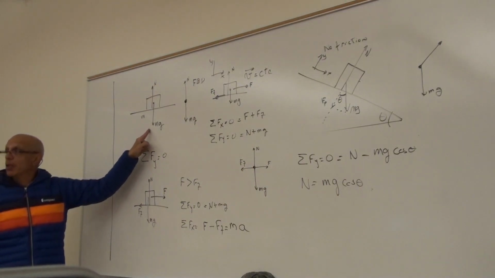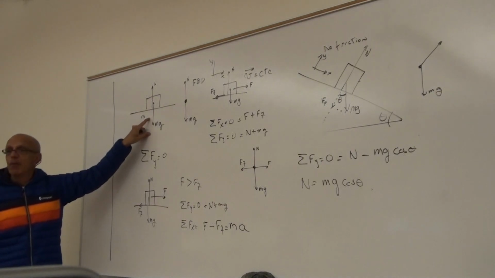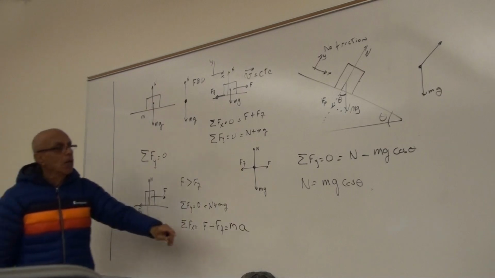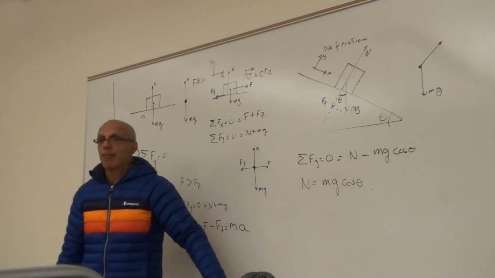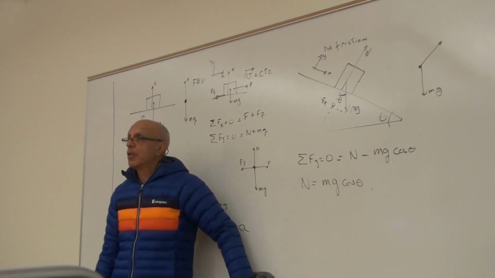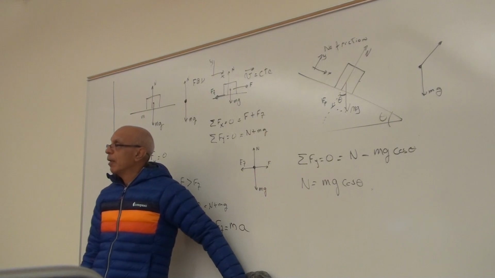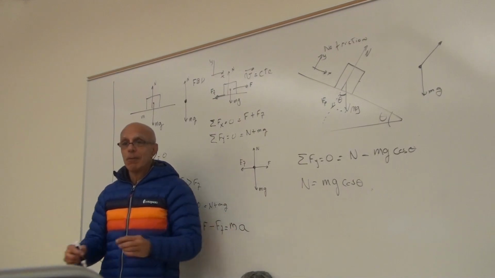For this situation here, N is equal to mg. You guys see that? Now, if the angle here is 90, what is the normal force? 0. The normal force is 0.